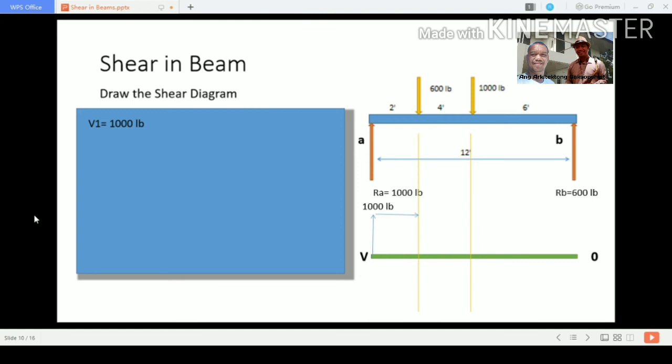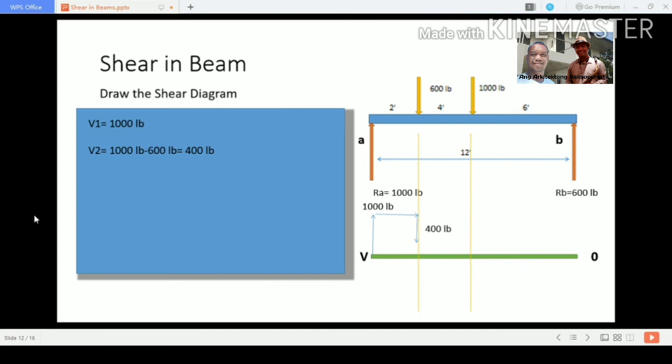Okay, so zero load. Okay, from 1,000 pounds, since we have a 600 pound going down. Okay, so minus 600 pound, and that is equal to 400 pounds. Okay, from 400 pounds going to 1,000 pounds. Again, there is no load.